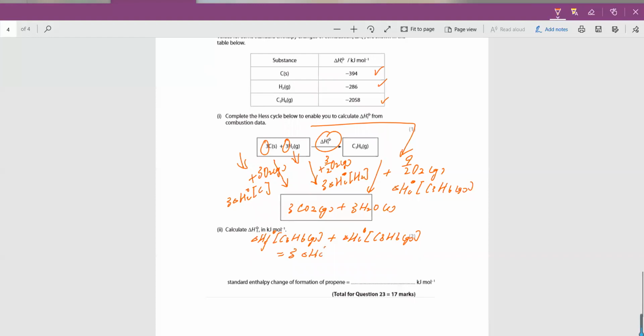Now remember to pay attention to the coefficients, plus 3 hydrogen. So you will substitute the numbers into it, and then use the calculator to work out the answer.